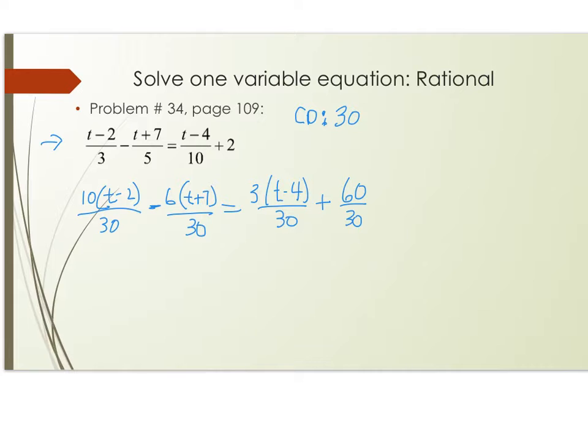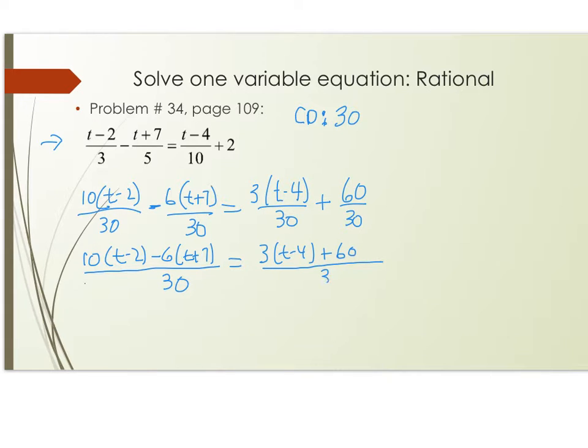So now I have 10 times t minus 2 minus 6 times t plus 7. On this side, I have 30. On this side, I have 3t minus 4 plus 60 over 30.